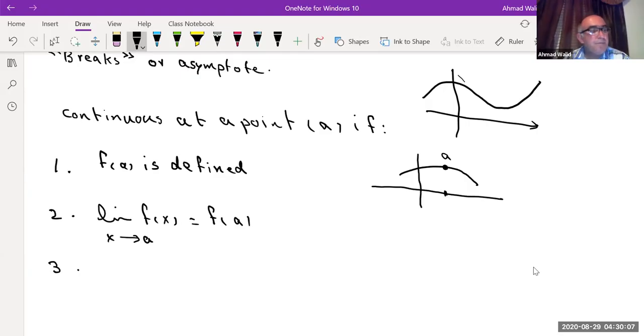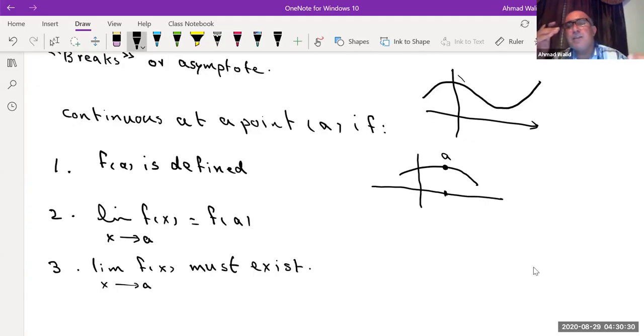Number 3, the limit of f of x as x approaches a must exist. Remember the left side, right side, left-hand, right-hand limit? The limit must exist.